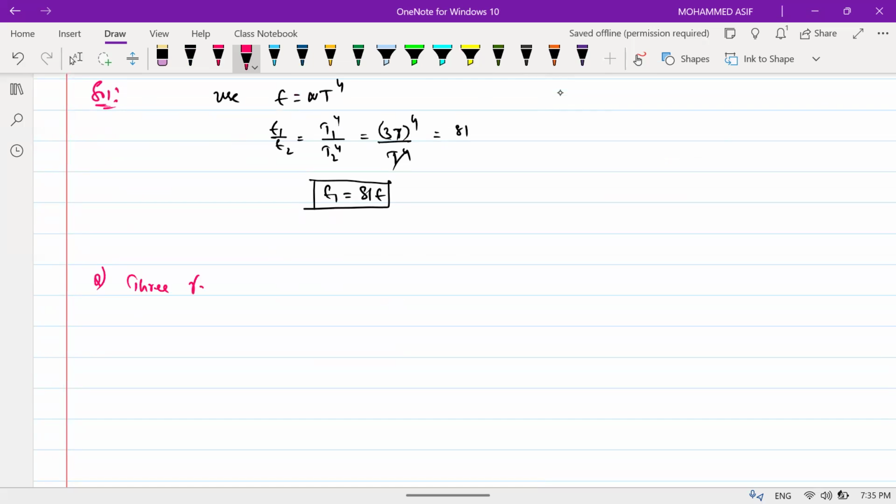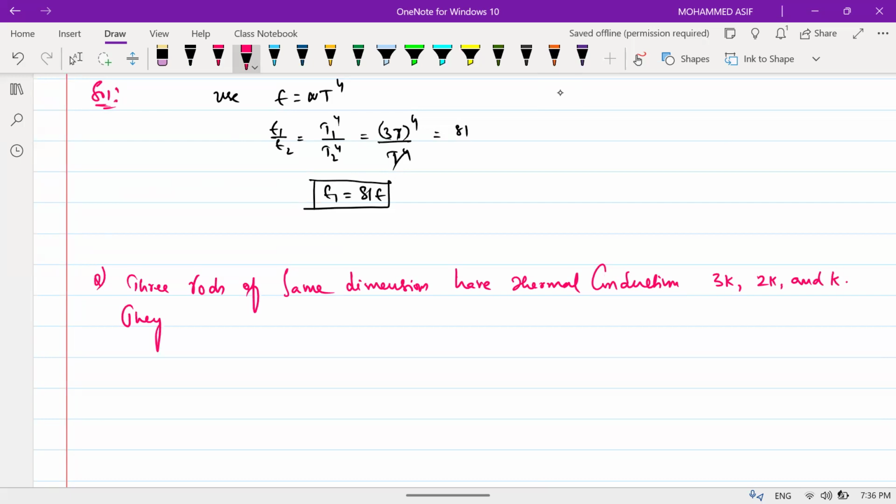We have three rods of same dimensions, having thermal conductivities 3K, 2K, and K. They are arranged as shown like this.